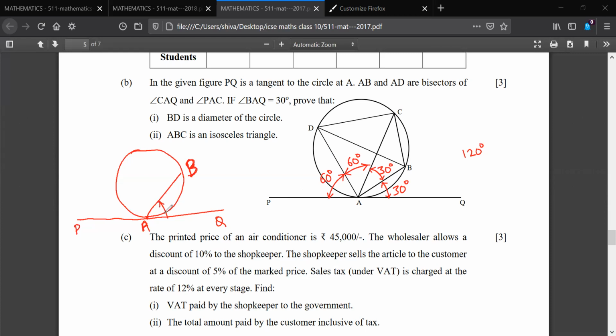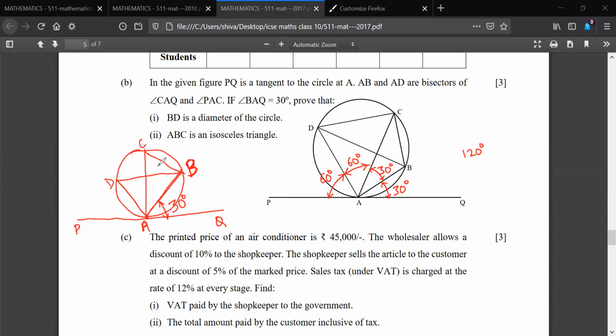So if I have this angle BAQ, which is 30 degree, this chord would be making the same angle at this side of the circle. Any doubt, Mr. Rudra?